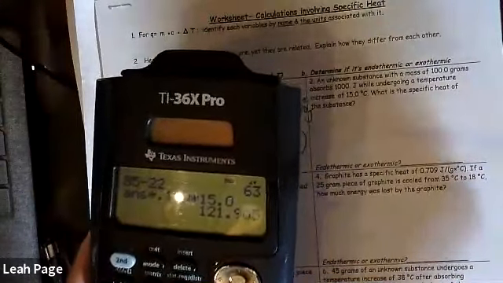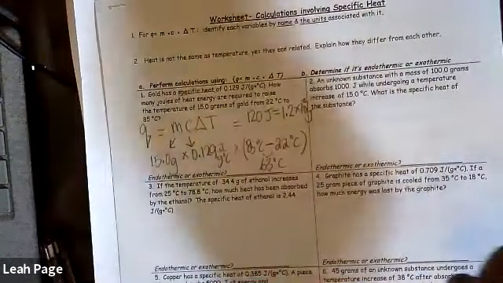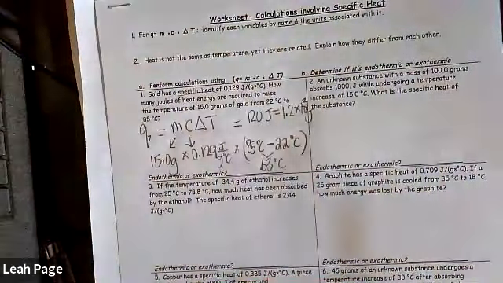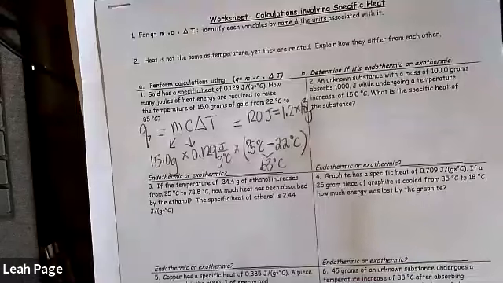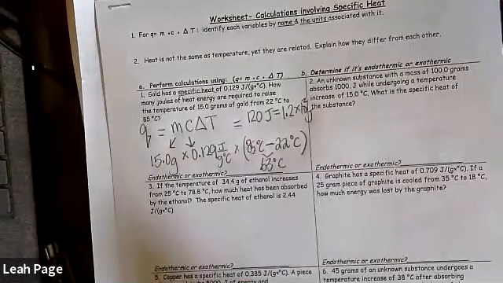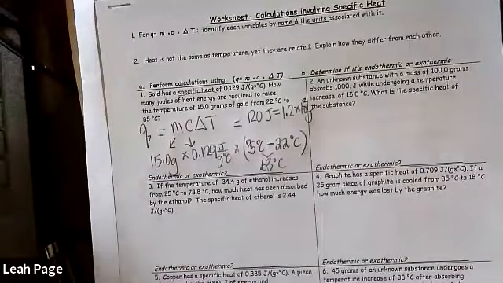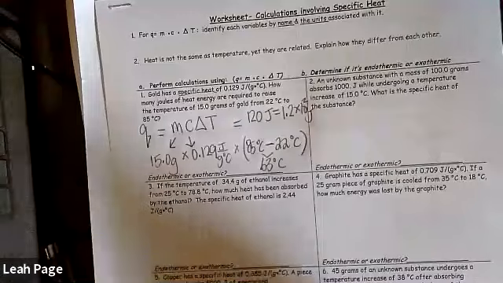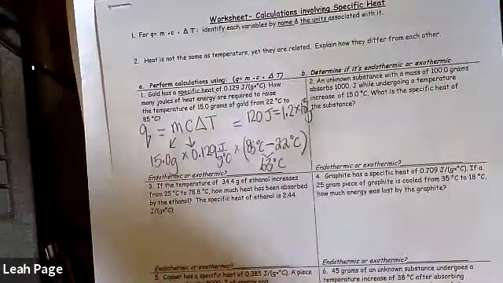Question. Could it be 12.0? Yeah, but most likely that's not going to be given as an answer or accepted because that's not scientific notation. If you say 12.0 times 10 to the 1, that'll work, but that's not going to be given as an answer.